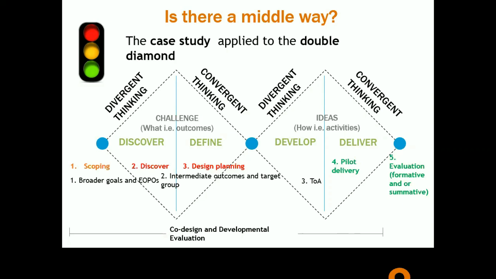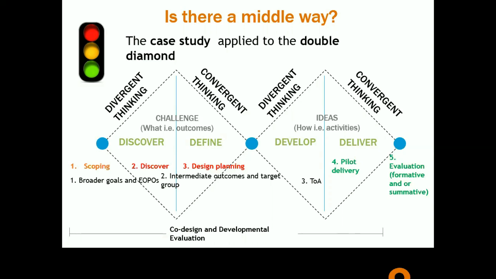How that impacted the second two stages in red, discover and design planning, as I understand it, is that it may have limited our design's ability to explore more broadly ways to solve the brief, or to address drowning prevention for the target group.